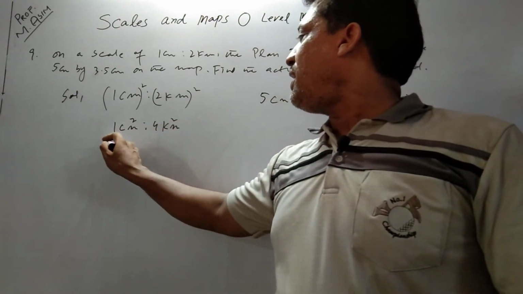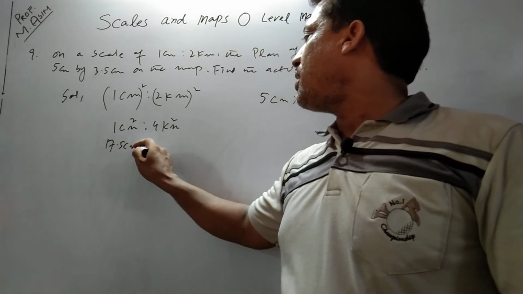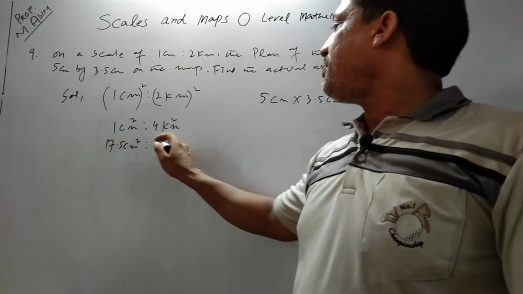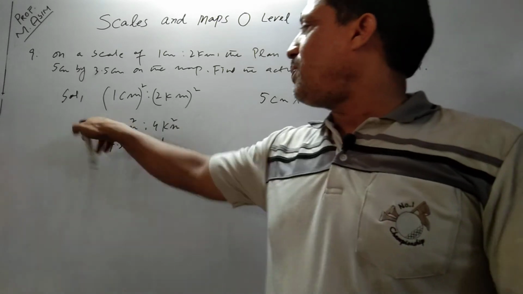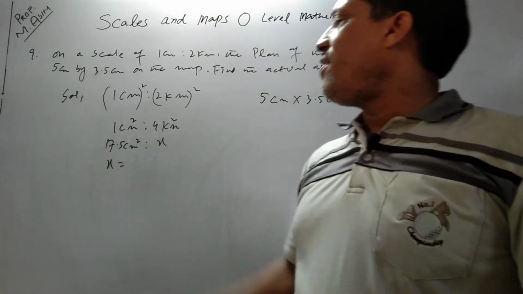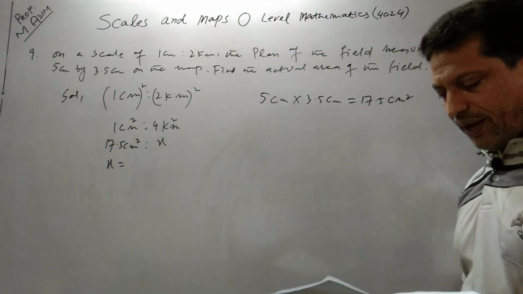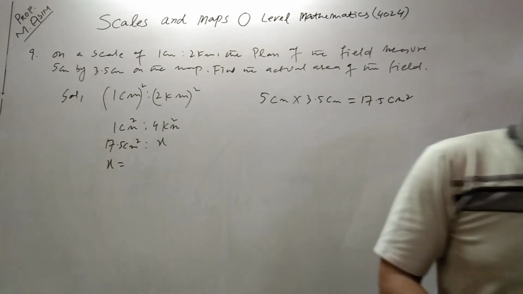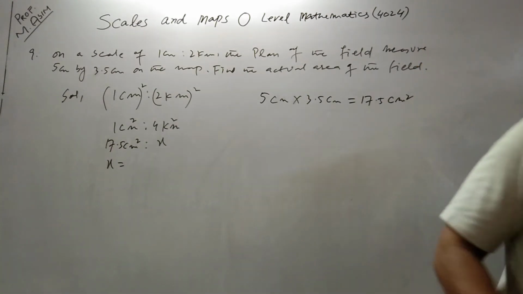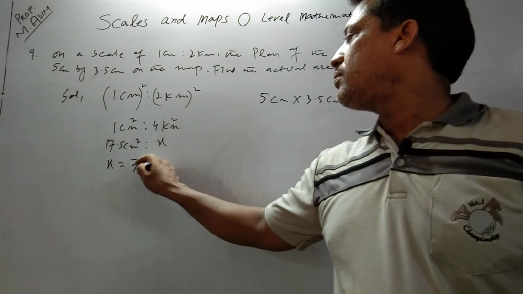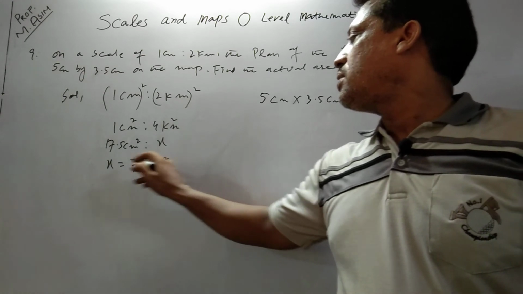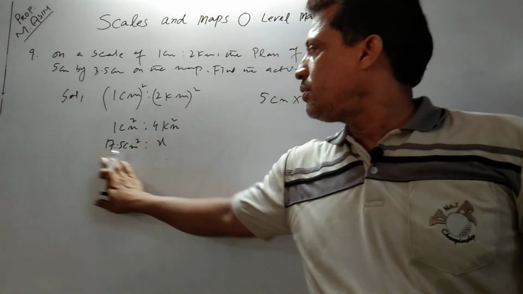So 1 centimeter square represents 4 kilometer square. Therefore 17.5 centimeter square represents x. So x by 1 is x, and 17.5 multiplied by 4 is 70 kilometer square.